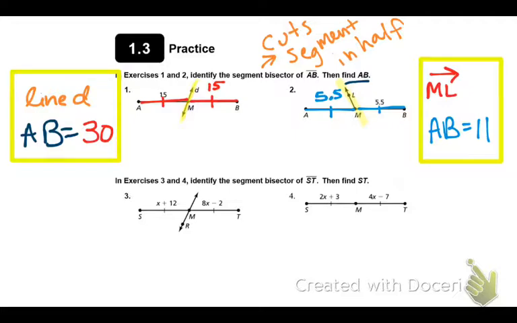Okay. We feeling good? I feel great about this. Number 3. Identify the segment bisector. Is it a point, line, plane, ray, or segment? It's a line. Do they have a lowercase letter or 2 points? 2 points. So you're going to say MR or RM with the arrow above.